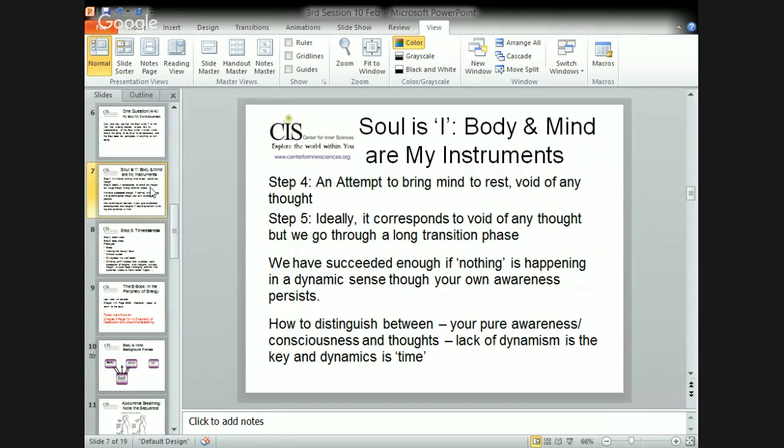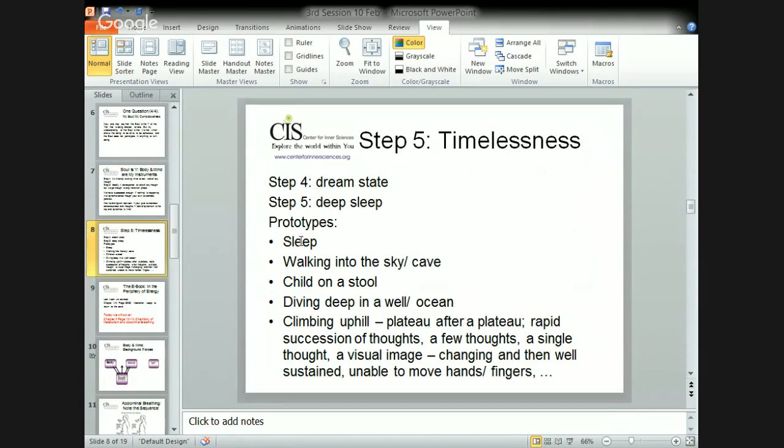I like to use the analogy of sleep. So look at step 4 as a dream state. When you wake up in the morning and you had a dream, that is like an event that was happening. When something is happening, it happens in the parameter of time.